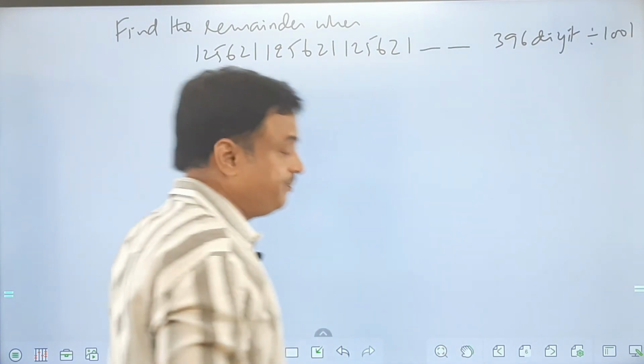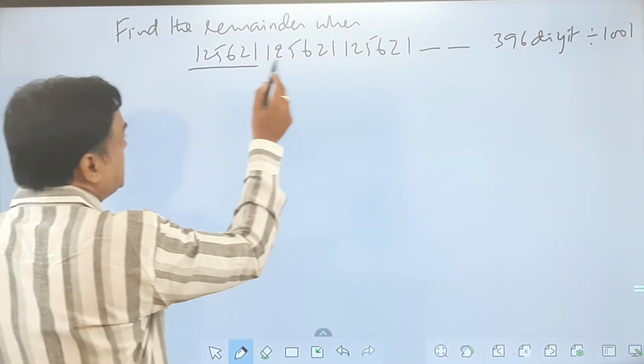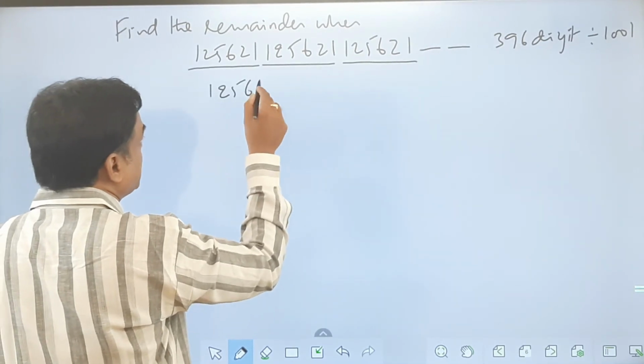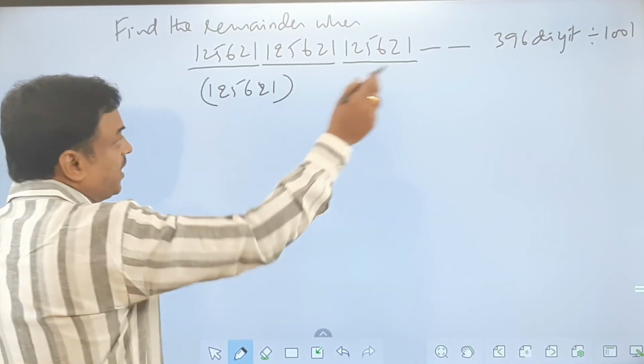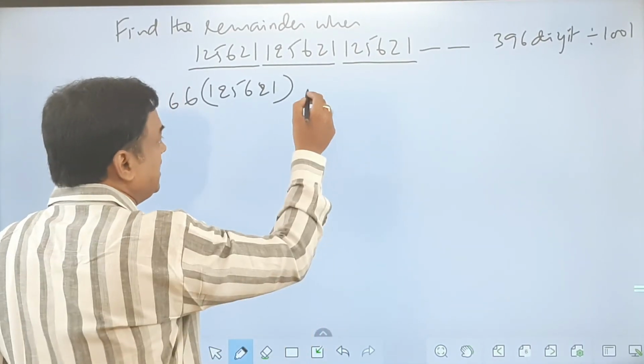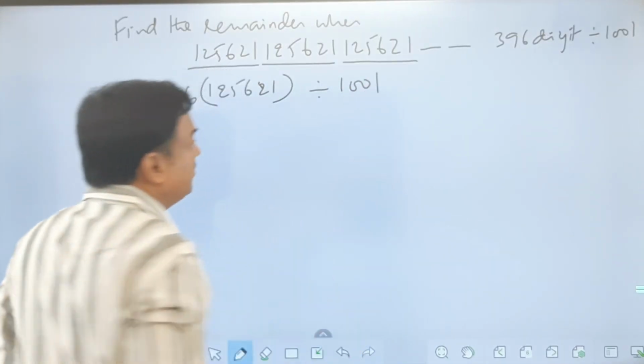Every 6 digits is 1 unit. If I take 125621, how many times will I get it here? It is 66 times, and then I'll divide this by 1001.